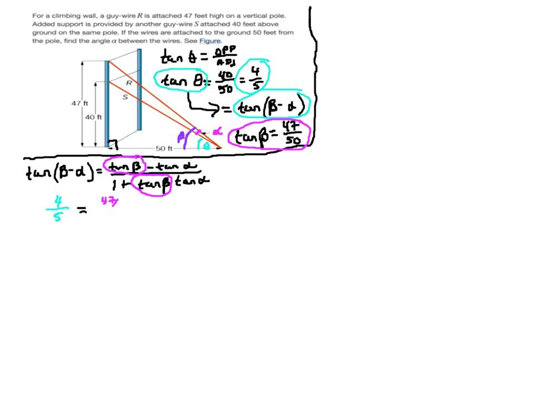Okay, so 47/50 minus the tangent of alpha divided by 1 plus 47/50 times tangent alpha.